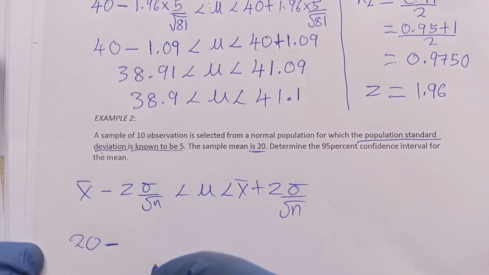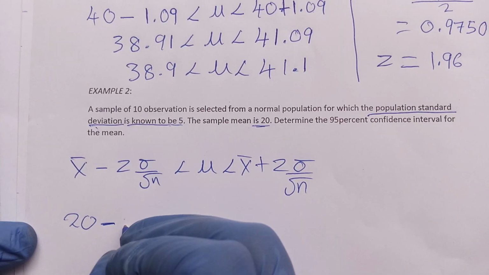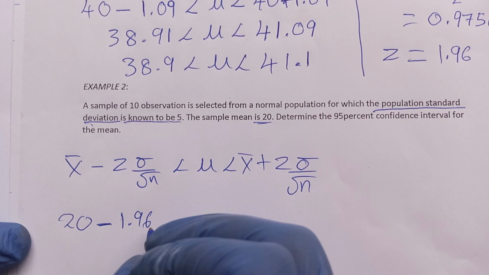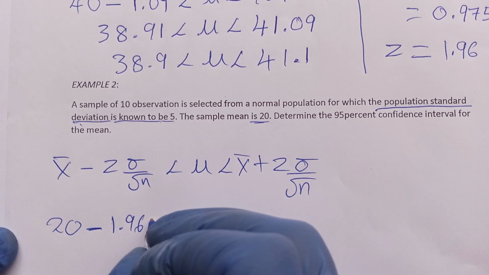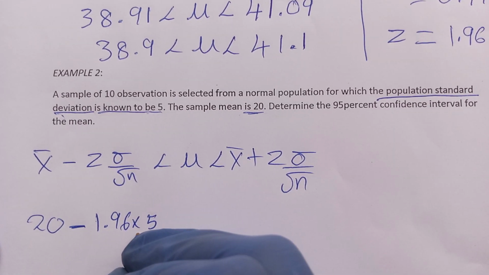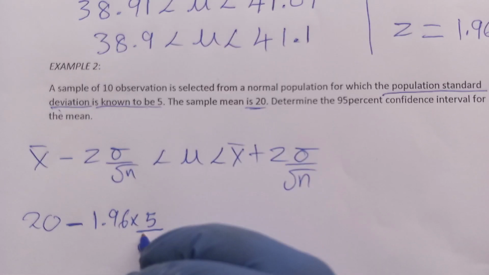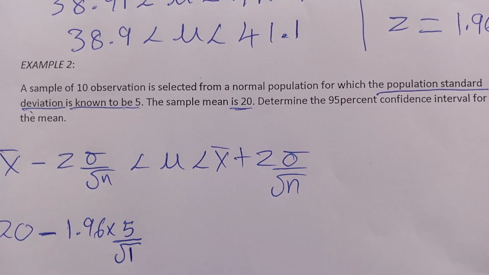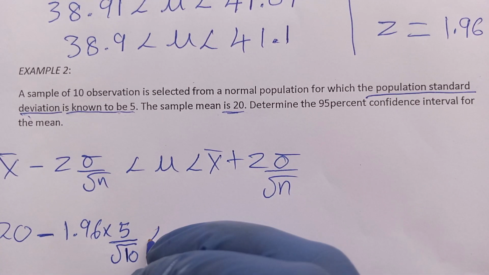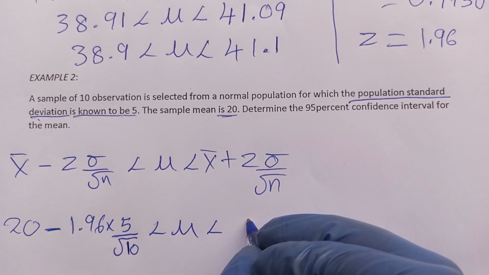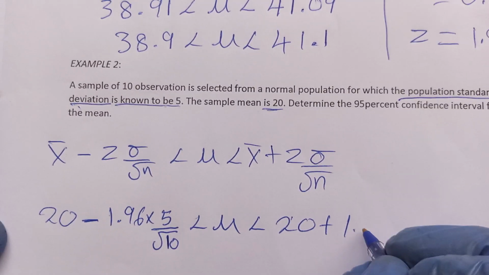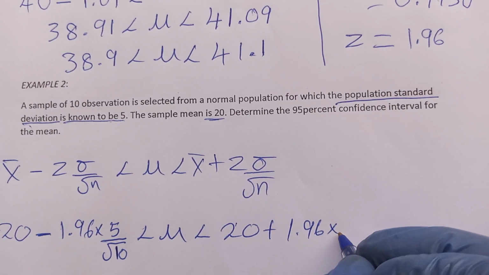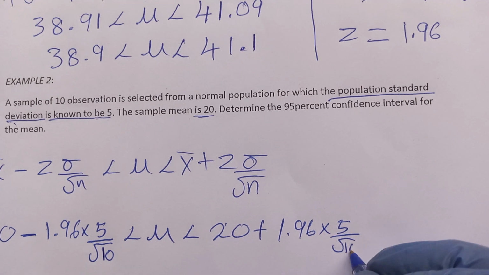You use the same to get a z here. Okay, so we have 1.96. What's our standard deviation? 5. So times 5 divided by root. What was our n? There are 10 observations or 10 number of trials. So 10 less than mu less than 20 plus 1.96 times 5 over root 10, isn't it?